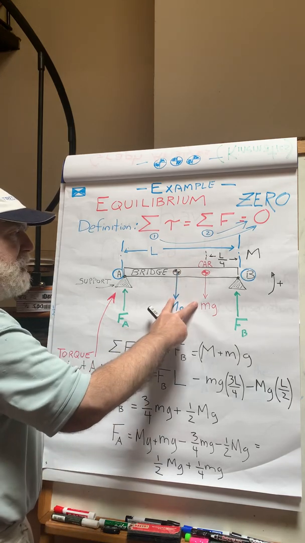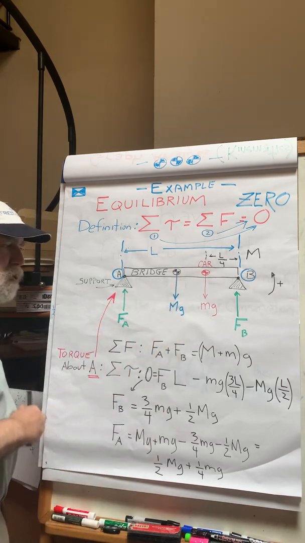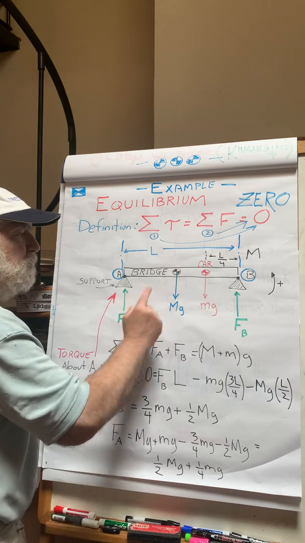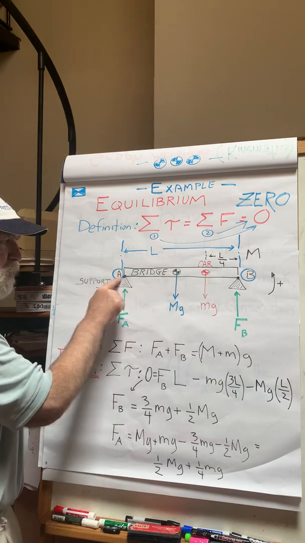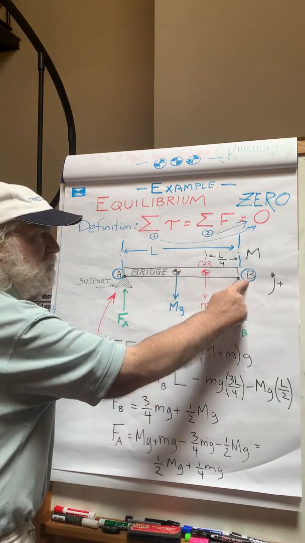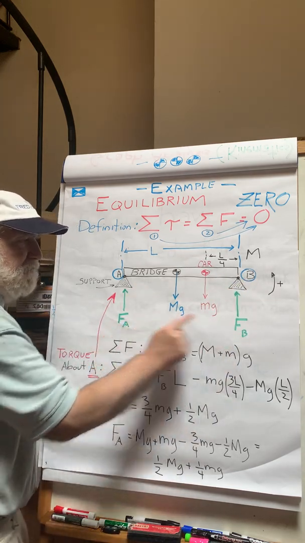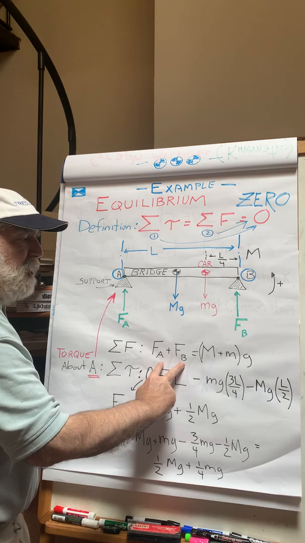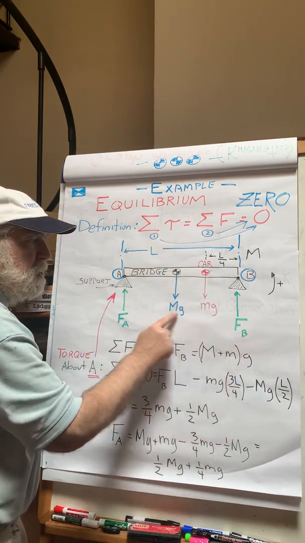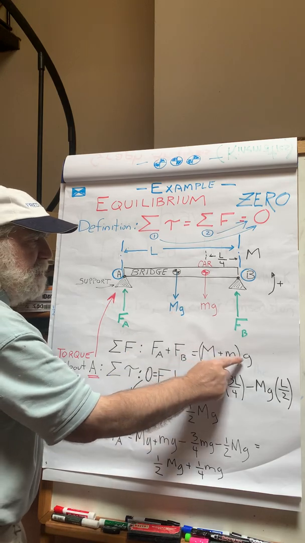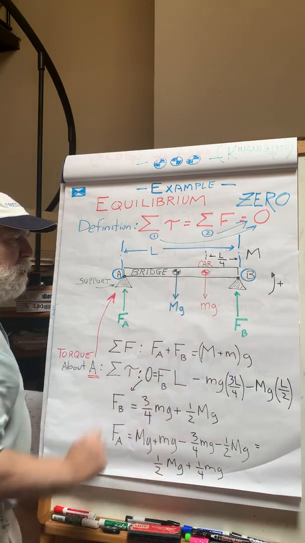So these are the two weights, and they must be supported by these two upward forces on the supports. So this force upward on support A and this force on support B, marked FA and FB, must sum up to be the downward forces, Mg, the weight of the bridge, and little mg, the weight of the car.